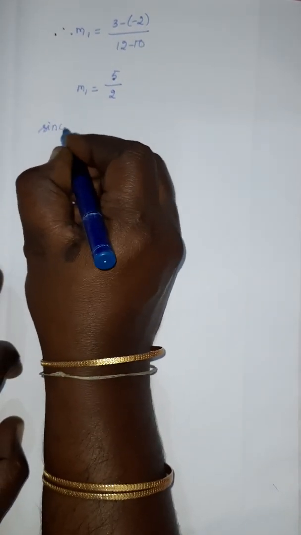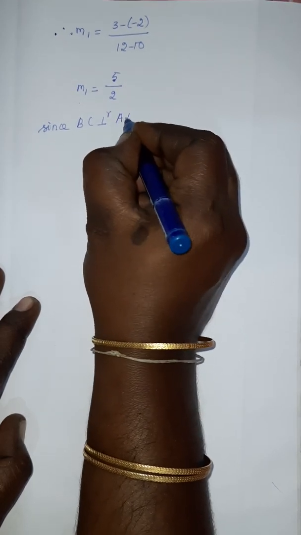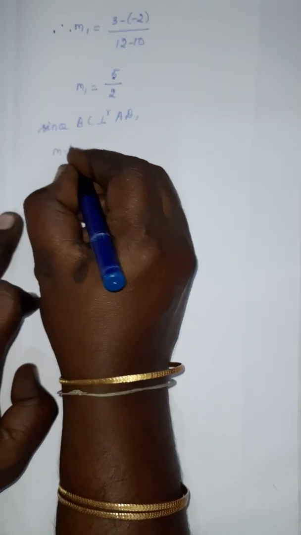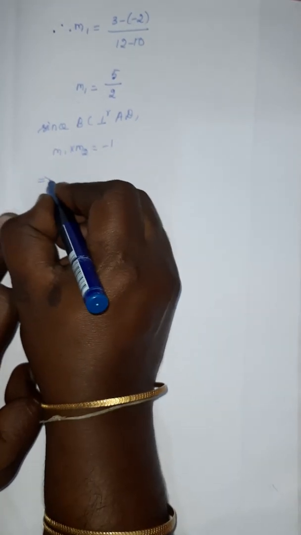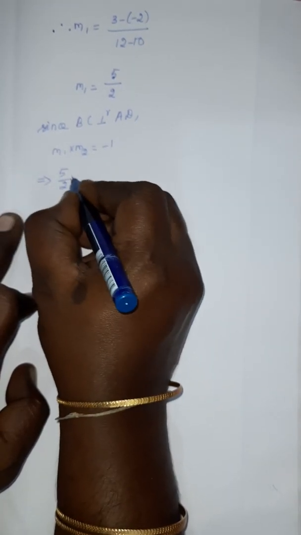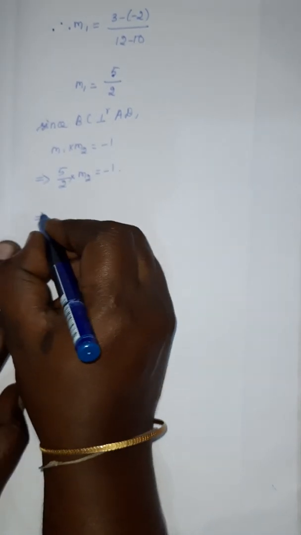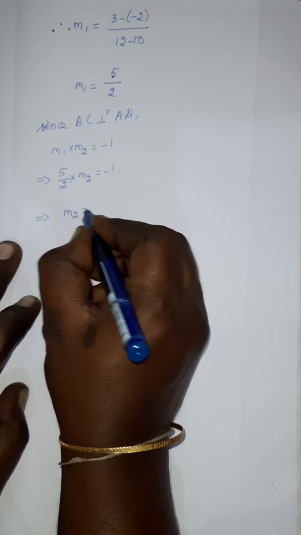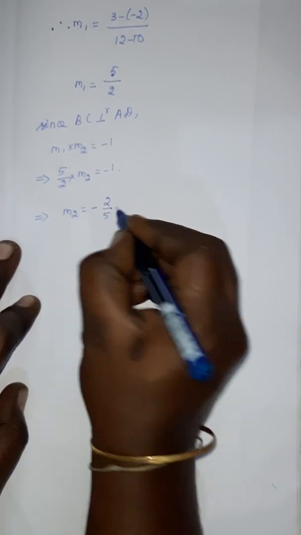Since BC is perpendicular to AD, m1 into m2 equal to minus 1, which implies 5 by 2 into m2 equal to minus 1, which implies m2 is equal to, cross multiply and change the sign, minus 2 divided by 5.